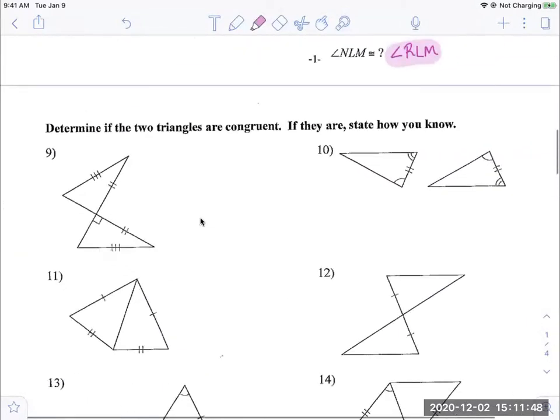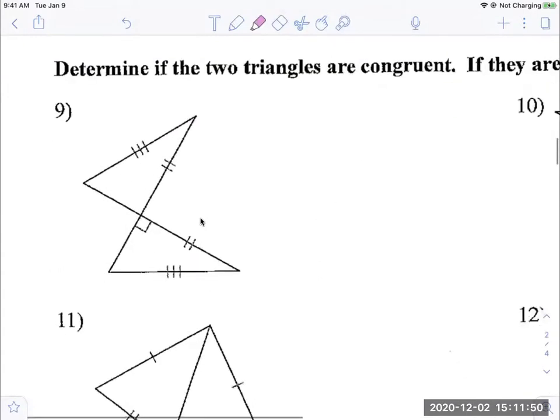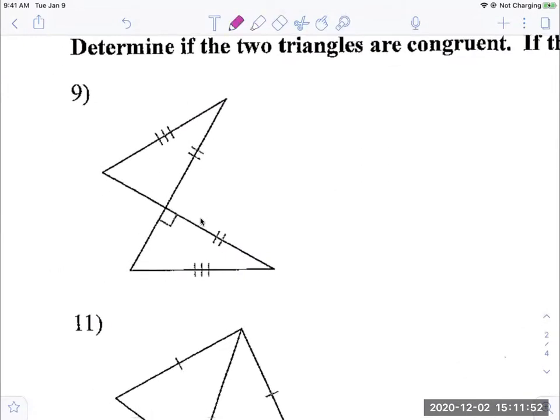Okay, determine if the 2 triangles are congruent. If they are, state how you know. So we're going to mark everything that we know on the picture. Vertical angles are congruent. Triangles are congruent by HL. Remember that HL means hypotenuse leg. Hypotenuses only exist in right triangles. So if you don't have the hypotenuses marked, and they're not right triangles, then it can't be HL.